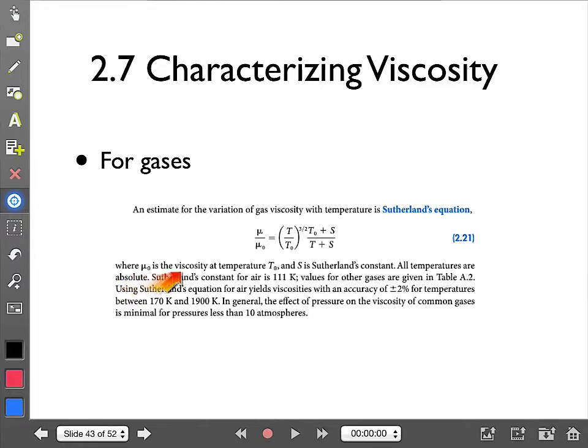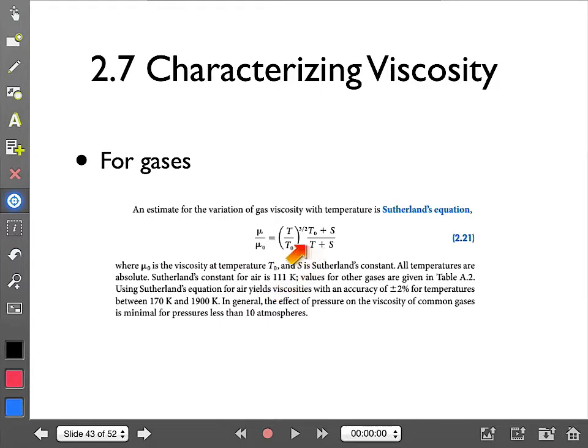Mu zero is the viscosity at temperature T0, and S is what's called the Sutherland's constant. All temperatures are absolute, so if you need to use this equation, you'd want to make sure that the temperature is in Kelvin. And Sutherland's constant turns out to be, for air, 111 Kelvin.